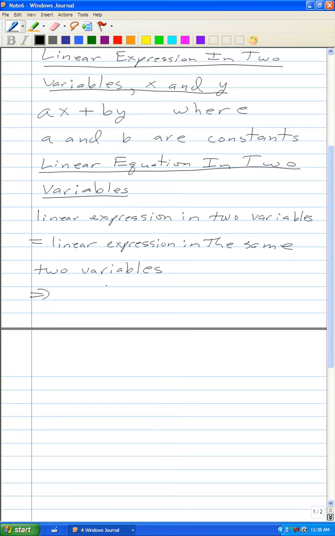So in general, it looks something like ax plus by equals c or something.